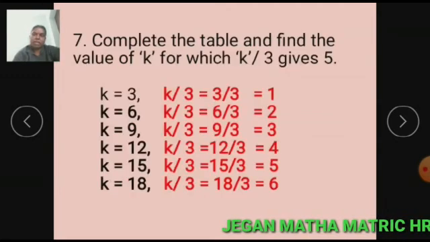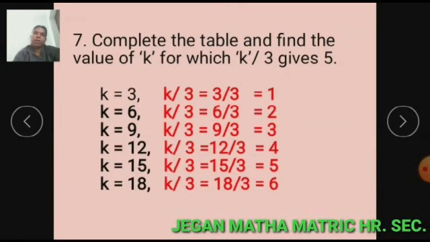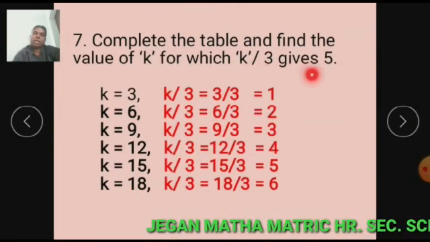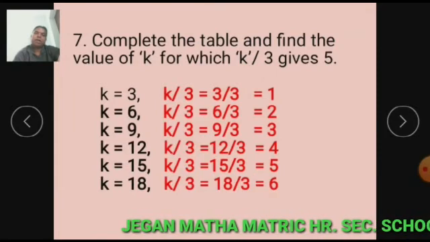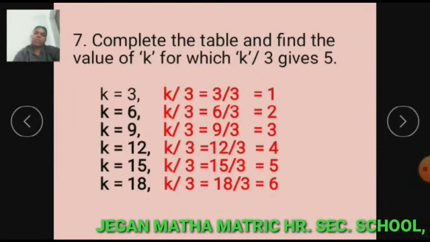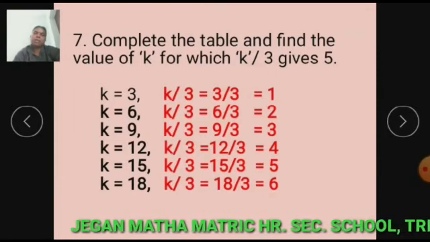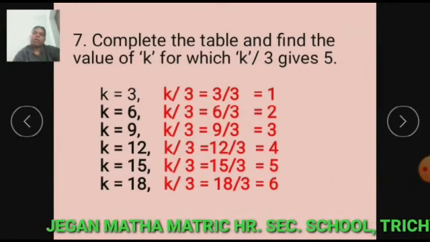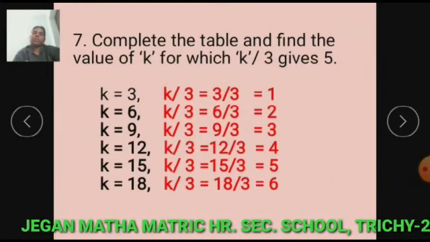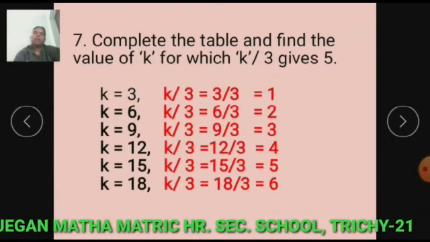Question number 8. Complete the table and find the value of k for k by 3 gives 5. The given algebraic expression is k by 3. The k values are given here.